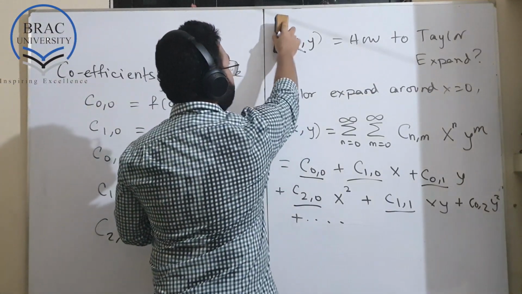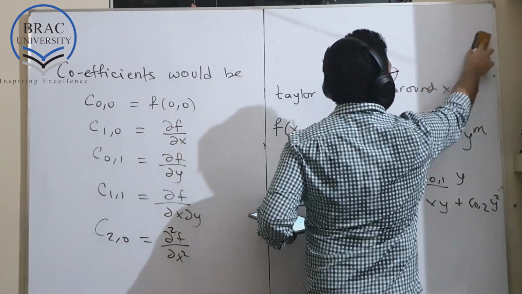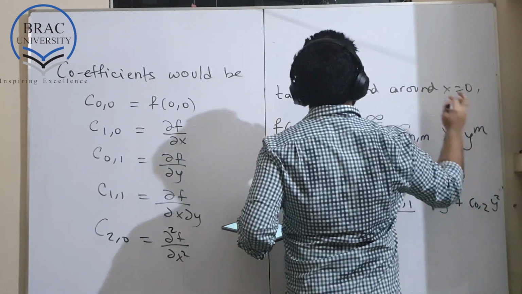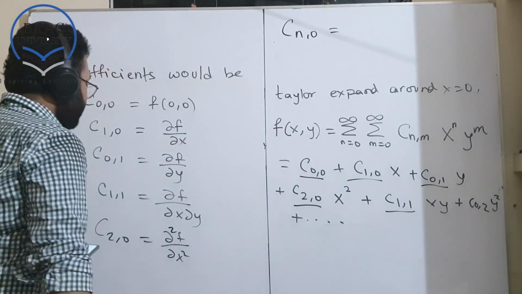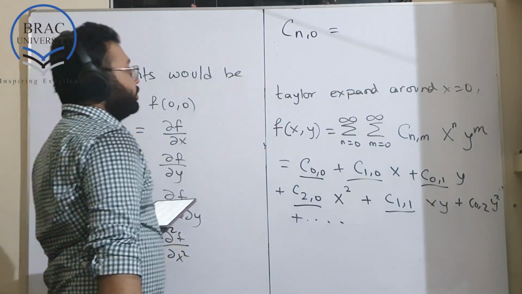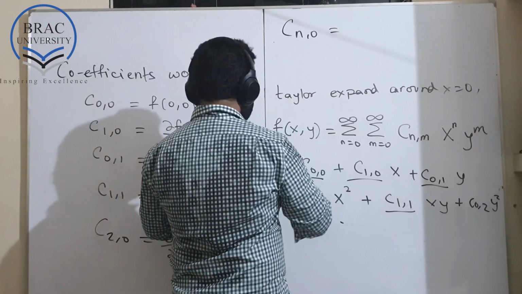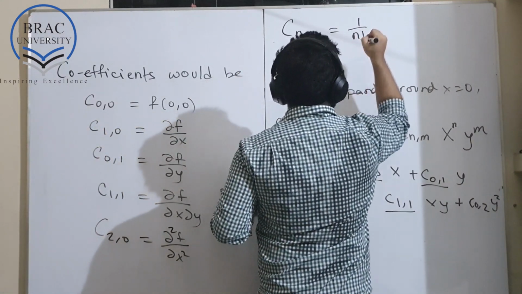So let's write the coefficients. With a similar analogy to the single variable case, it would just be 1 over n factorial.